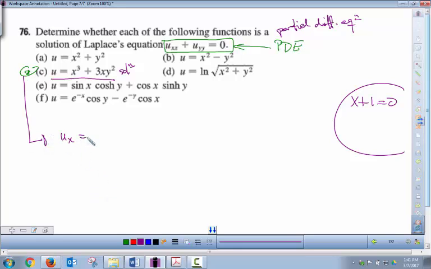We need to do this in pieces. u sub x, with respect to x, is going to be 3x squared plus 3y squared, right? And then we need u sub xx, so we take the derivative of this again with respect to x. That looks like it's just going to be 6x.